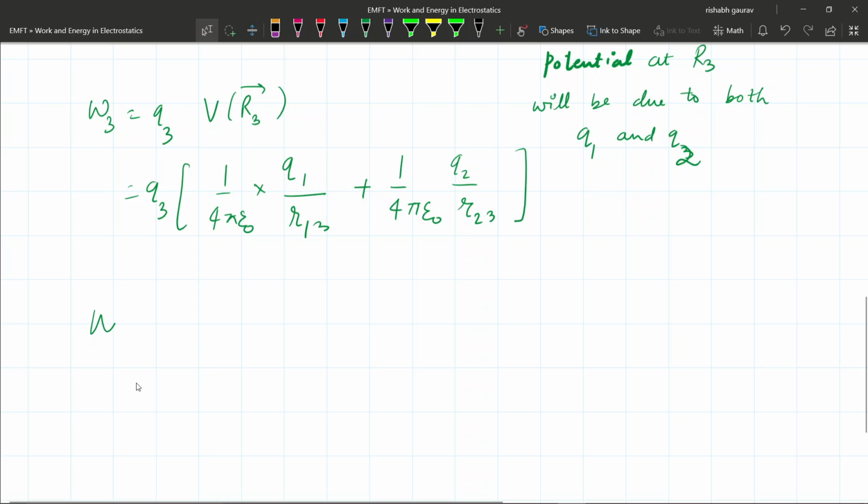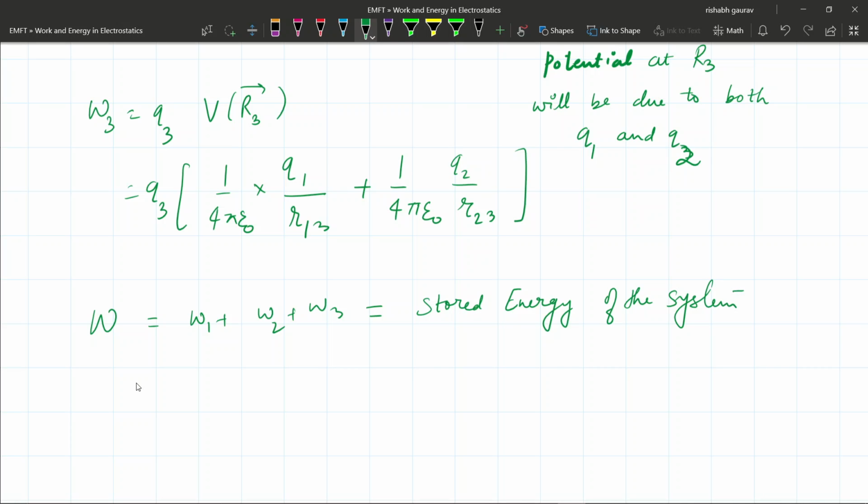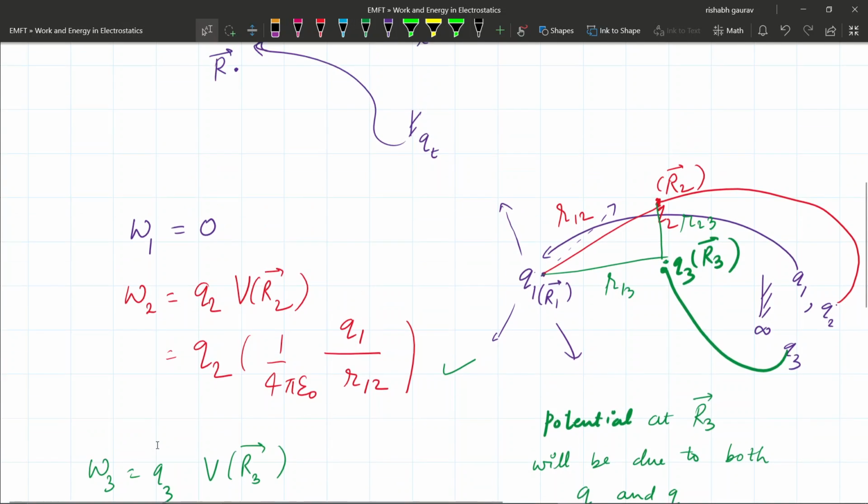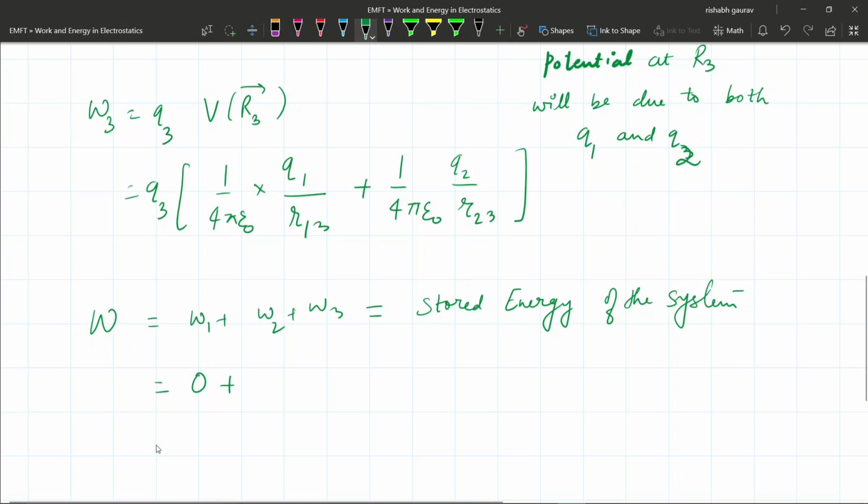Then the total work done will be given by W1 plus W2 plus W3, which will also be equal to the stored energy of the system, and this will be given by W1 is 0, W2 is given by Q2 Q1 by 4 pi epsilon naught R12.